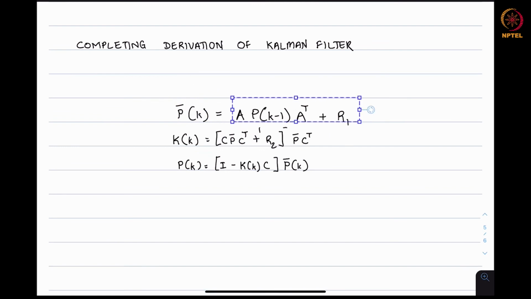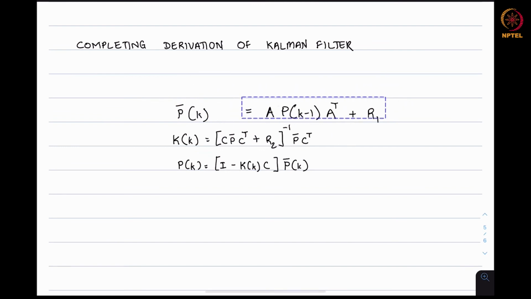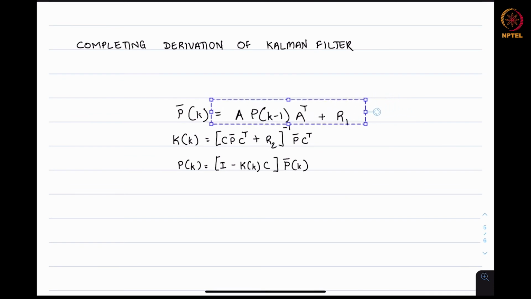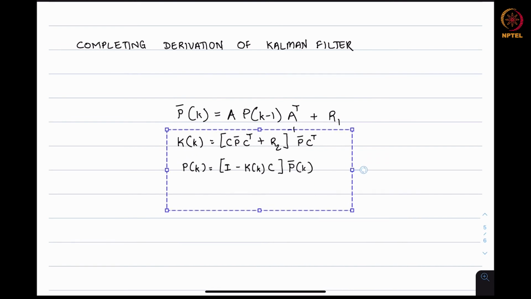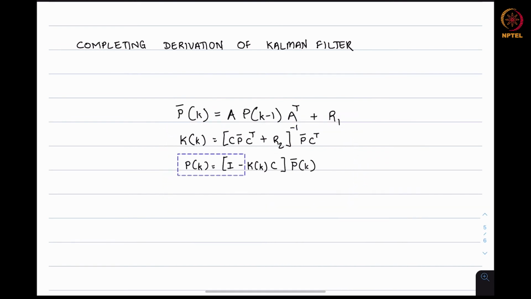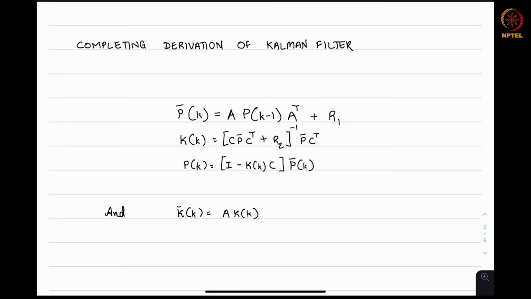This is how the overall covariance matrices evolve with time and how the Kalman gain is calculated. Okay, and our K bar is nothing but A times Kk. Okay, so this is what we are gonna get.